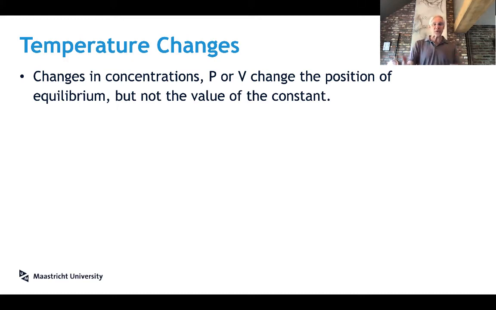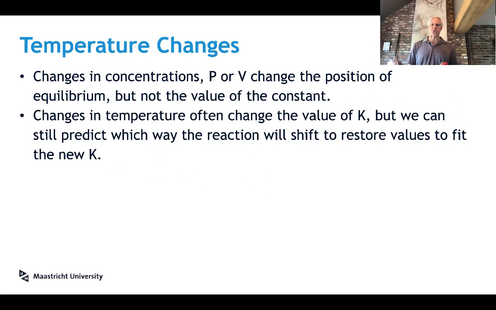However, if I change the temperature, generally I'm going to change the value of K, the equilibrium constant. So you may say, well, if you change the equilibrium constant, how do we know which way it's going to shift to get back to a brand new equilibrium constant?